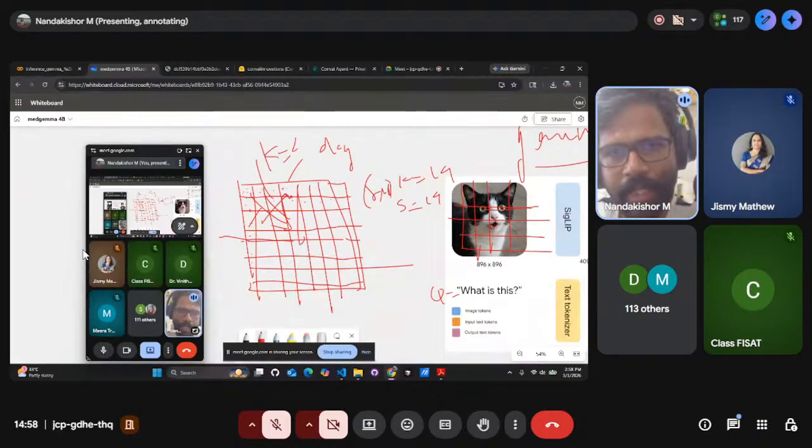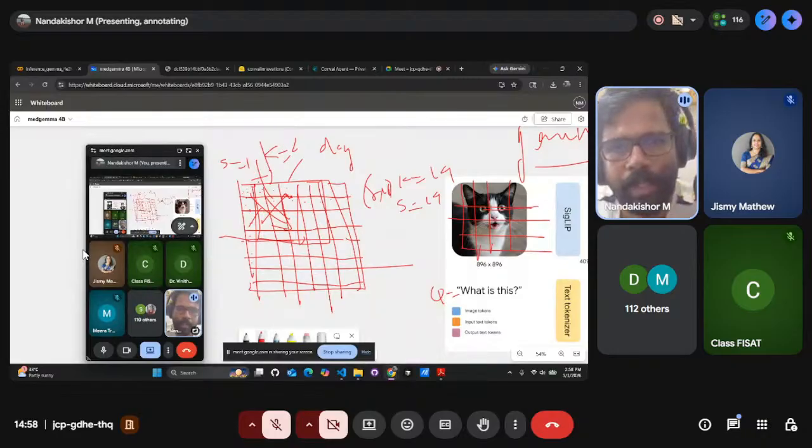Then you slide the kernel by, say, a stride of 1. You push that kernel by one pixel, and it moves to the next position, like this. Just imagine it that way.